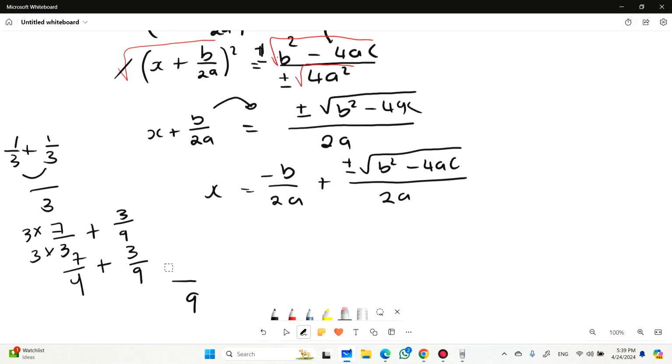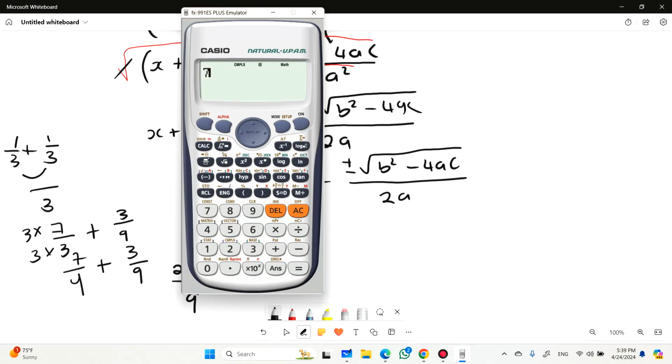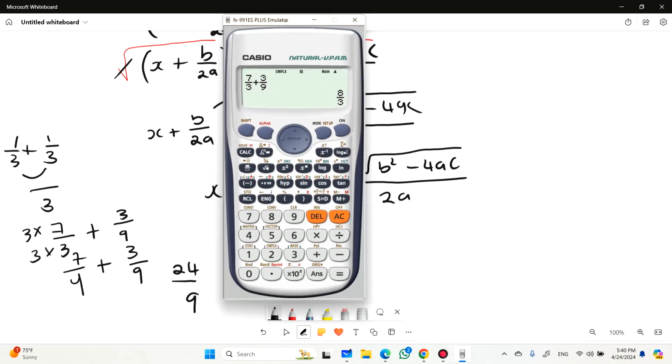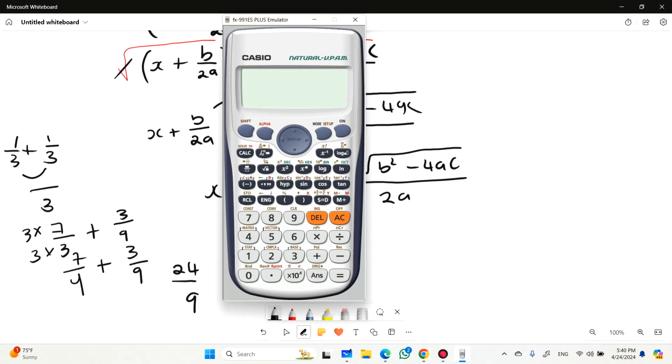What is 3 times 7? That's 21, right? So 21 plus 3, that will give me 24. So I have 24 over 9, and 24 divided by 9 is 8 over 3, the same, right?